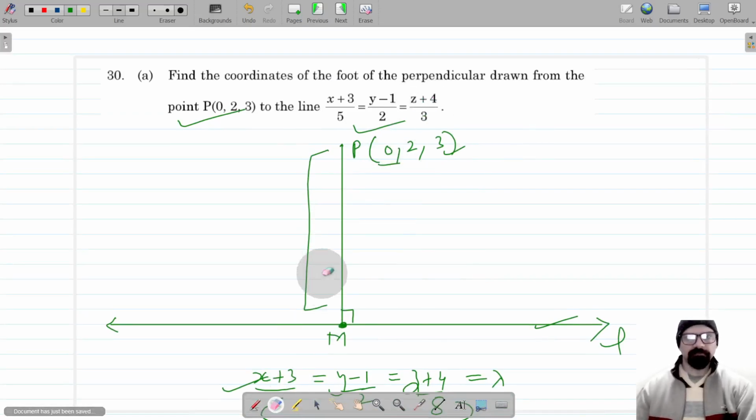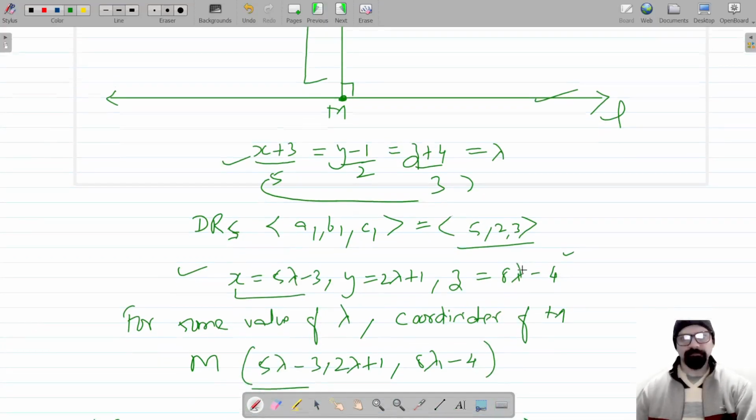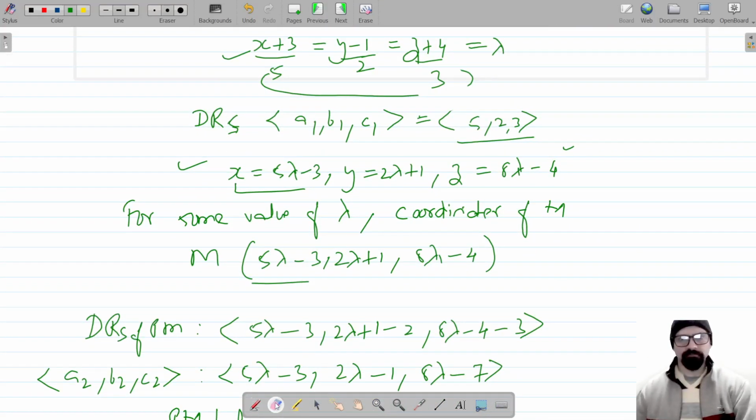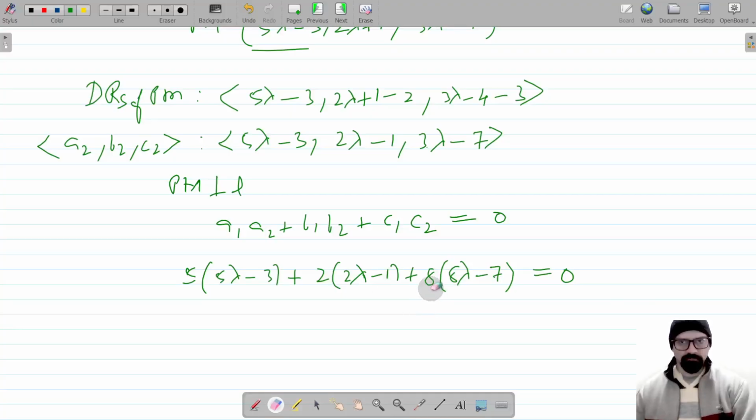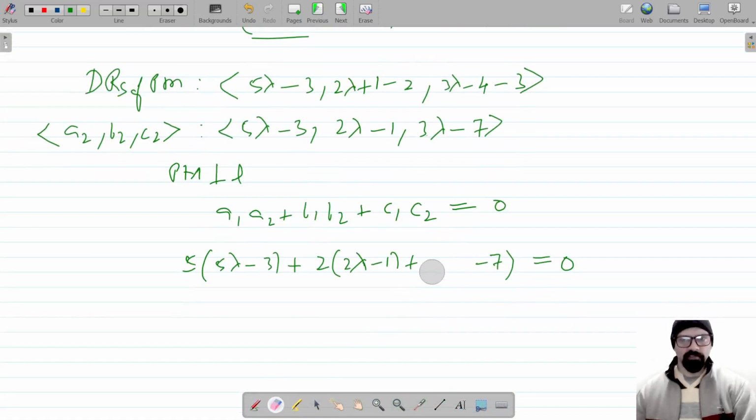Actually, the last term is 3 into (3 lambda minus 7).